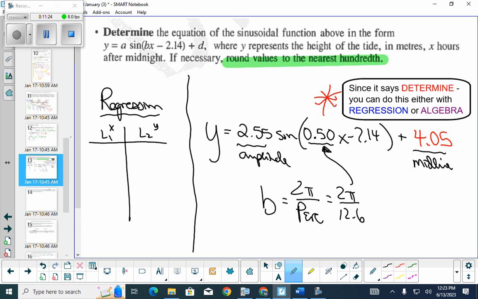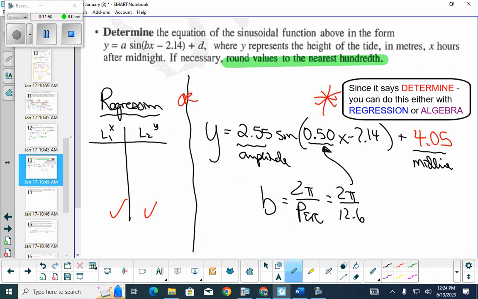So you could use these two things together. You could find it algebraically, step by step, and then also do a list one, list two, and make sure that they match. If they don't match, you might want to trust the regression, but go back and look at the regression, make sure that you've got everything plugged in properly.